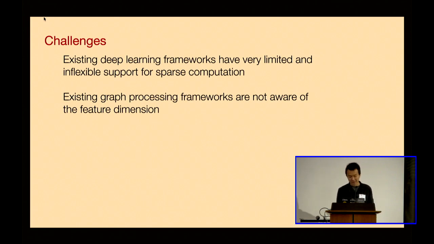Existing graph processing systems are more flexible and can easily express these sparse computation kernels. However, they are designed for traditional graph applications, such as PageRank, where each vertex is associated with a scalar instead of a feature vector, as you find in graph neural network. So they are missing optimization opportunities on this new feature dimension and not able to deliver very good performance.